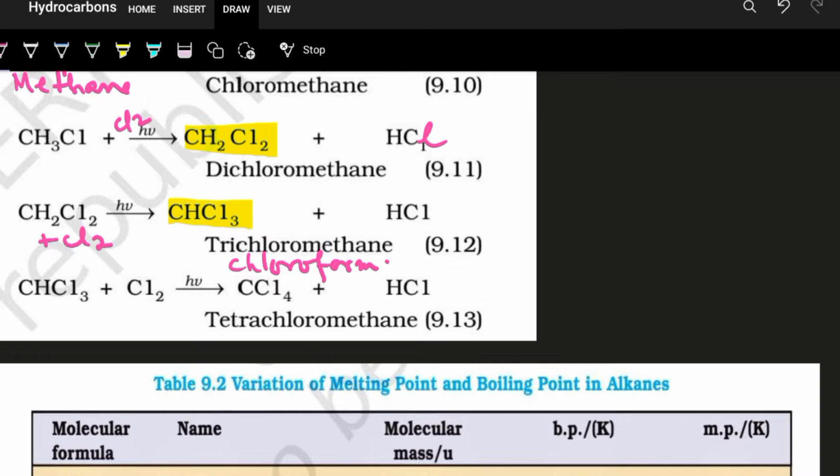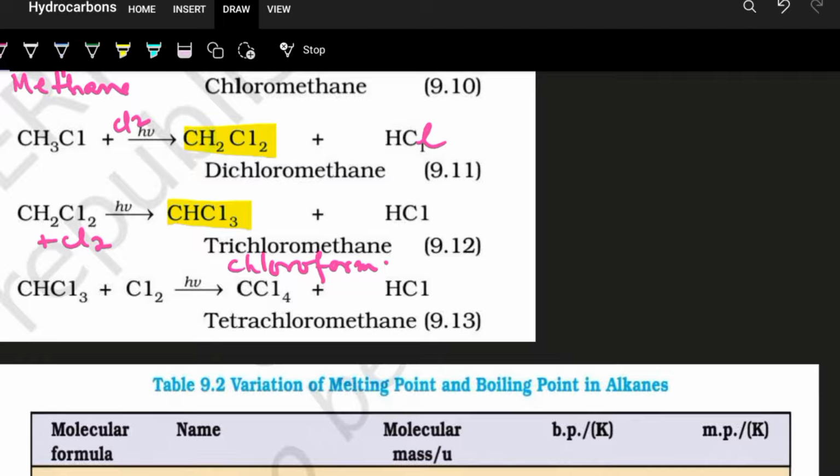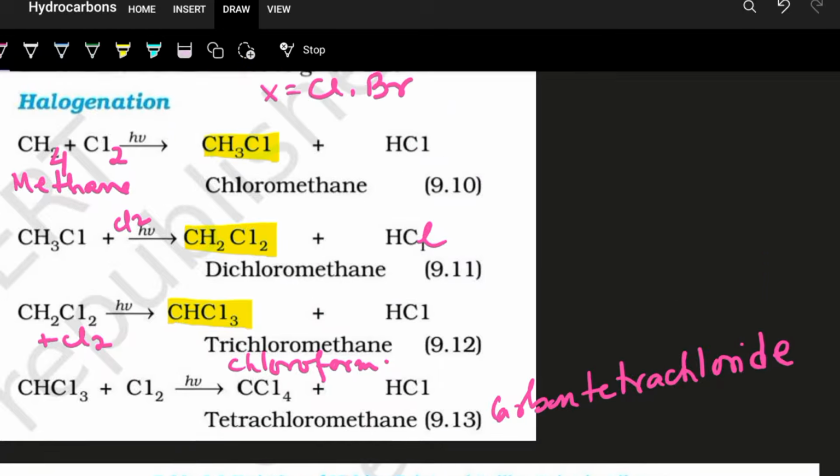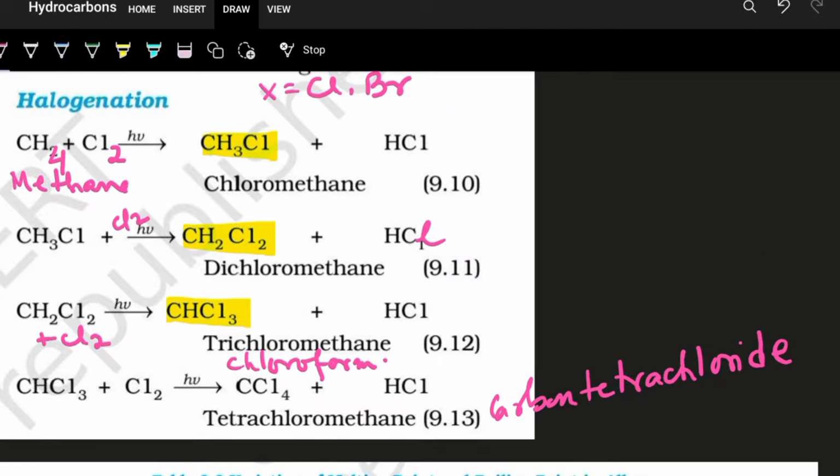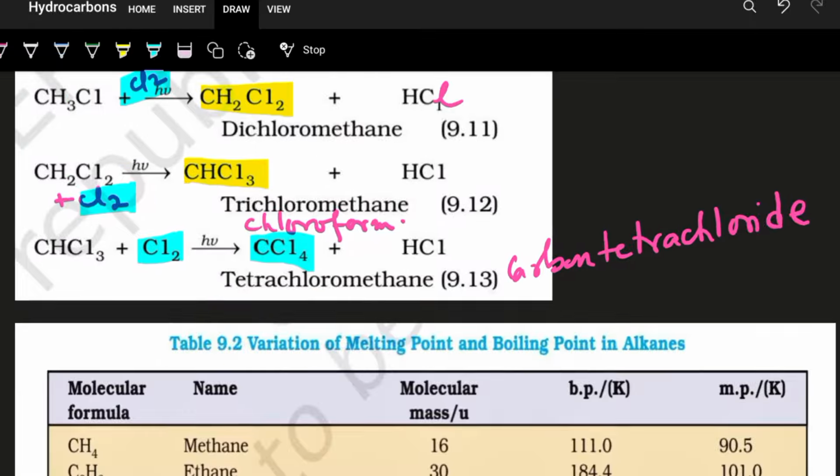This chloroform again in presence of Cl2 and h nu gives tetrachloromethane or carbon tetrachloride. Since there are 4 replaceable hydrogens in methane, the substitution can take place with 4 moles of Cl2. Here we can see 1, 2, 3 and 4. With 4 moles of Cl2, all of the replaceable hydrogens get substituted by 4 chlorines.